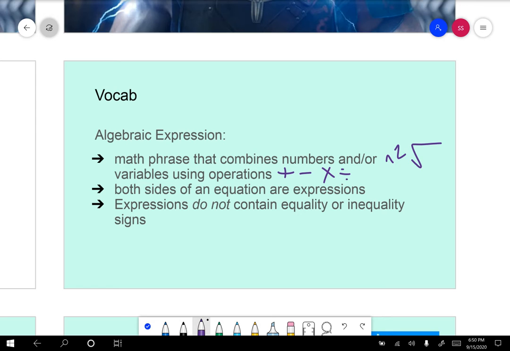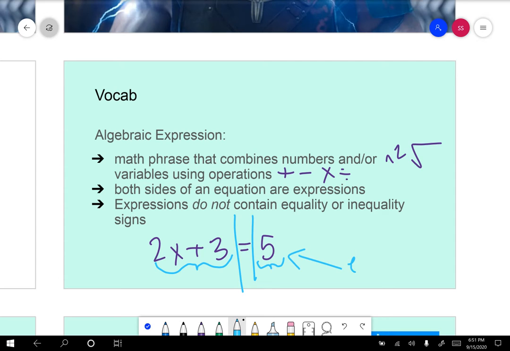signs. What I mean by that, let's say that we have this equation, 2x plus 3 equals 5. This part right here and this part right here, so both sides of the equal sign but not including the equal sign, that would be an expression by itself. So this whole group right here is an expression.